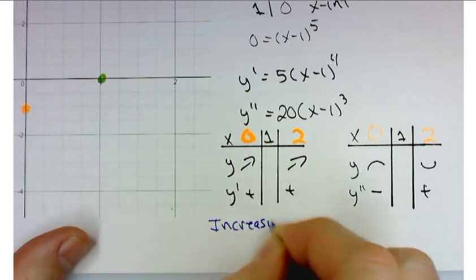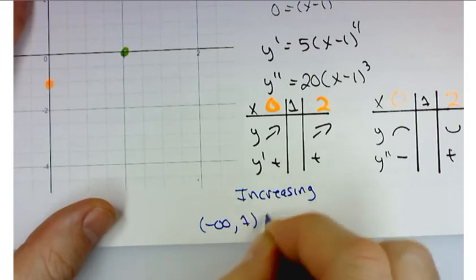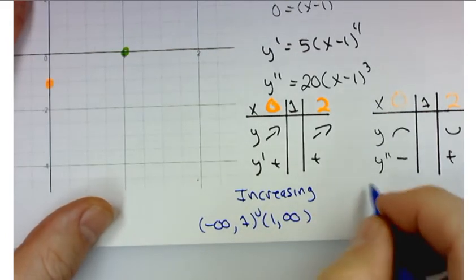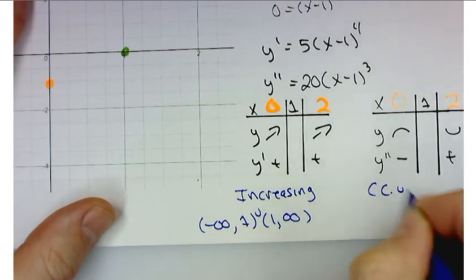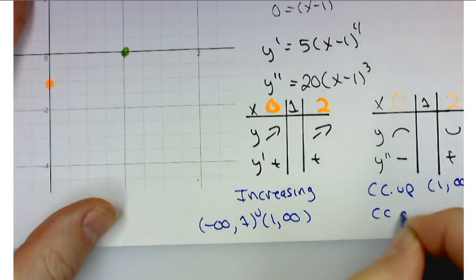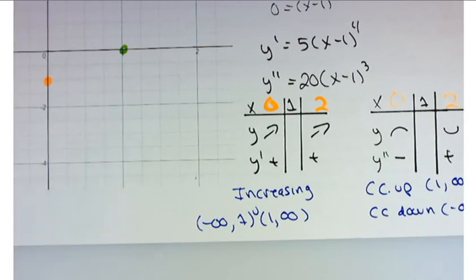So it's increasing from negative infinity to 1 and from 1 to infinity. And then it's concave up from 1 to infinity and concave down from negative infinity to 1. So your graph should match all of that information.